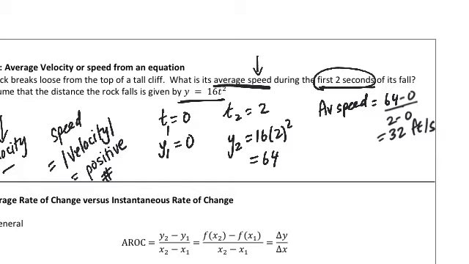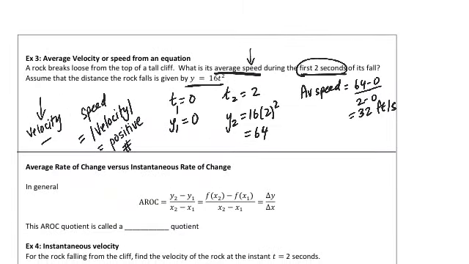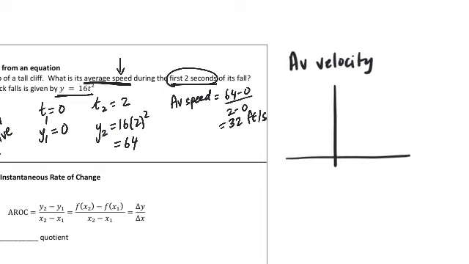I just want to make a quick comment about velocity, right? In this problem, we did average speed, so we just needed the distance. We didn't care whether the first position was higher than the second or lower than the second. We just took the distance divided by the time, right? When you talk about velocity, if we wanted average velocity, then you'd have to think like this. You would think, we don't really know the height of this cliff, right? But it's somewhere, say it's 100 feet, you can assume that.